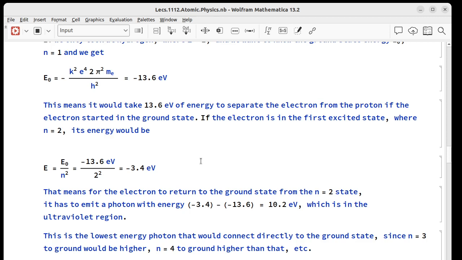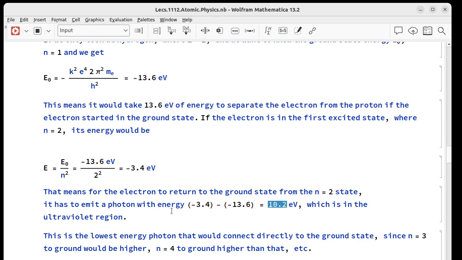If instead the electron is in the first excited state, n equals 2, the energy we find would be negative 3.4 eV. That means if it's in the first excited state, and it of course wants to jump back down to the ground state, it has to get rid of this difference in energy. This difference from final to initial, or initial to final states, is 10.2 electron volts.